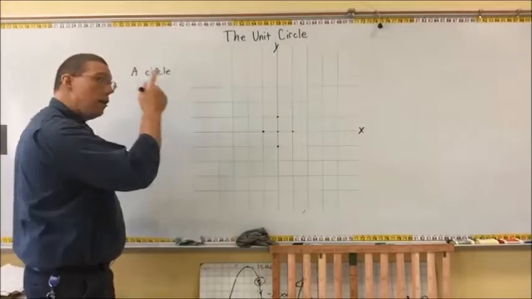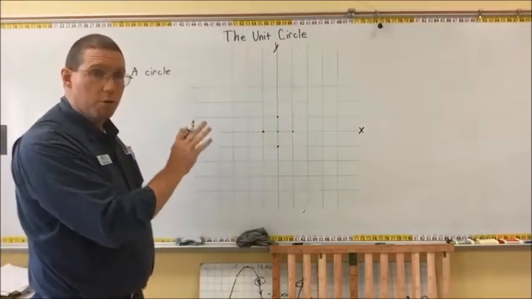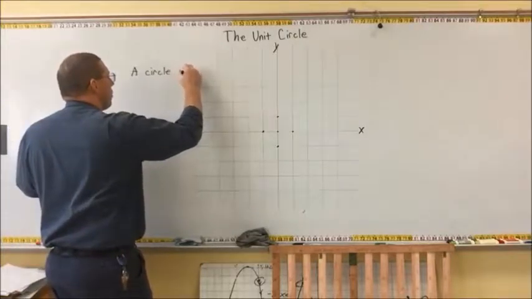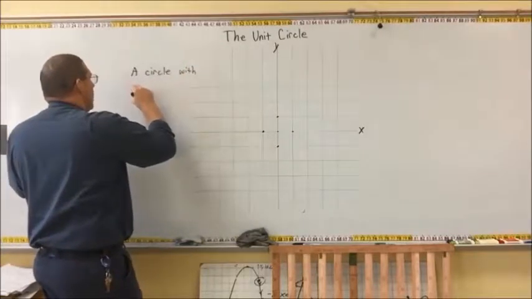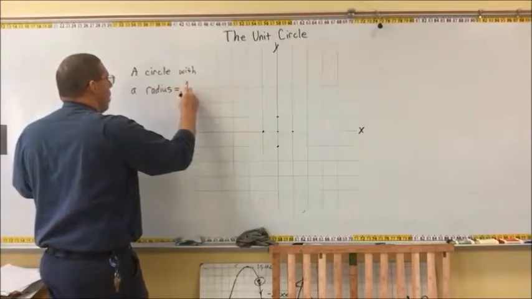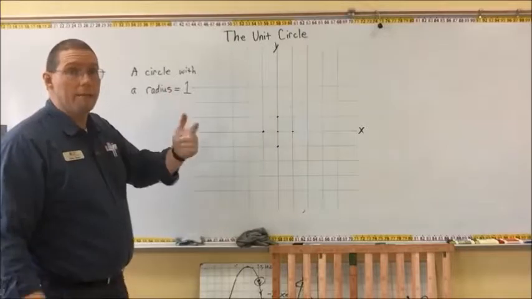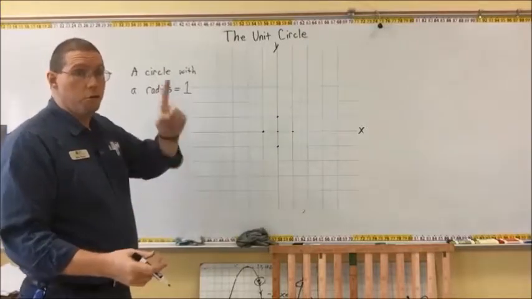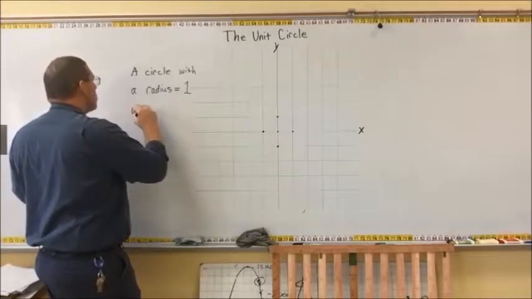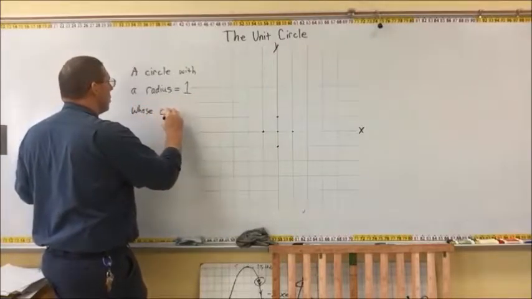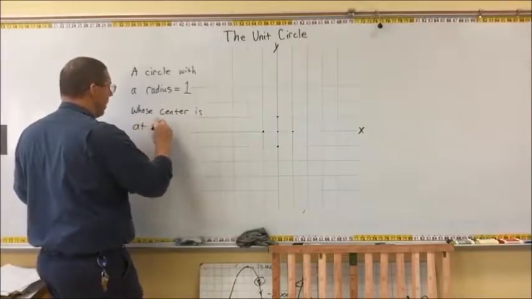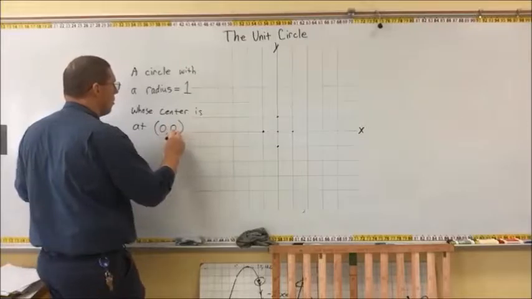The unit circle that you're going to be dealing with is a circle with a radius of 1, hence unit circle, unitary, 1, whose center is at the origin, at the point 0, 0.